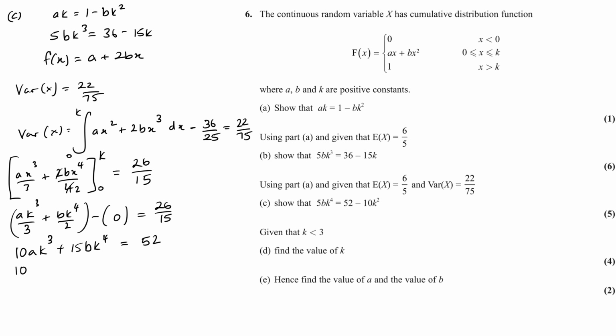Now, if you remember looking at here, there's no a in it again, so we have got to do the substitution with the ak from up here. So taking ak out of this first term would leave me 10k squared on the outside of the brackets, and then 1 minus bk squared on the inside.